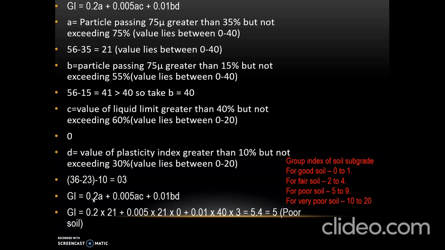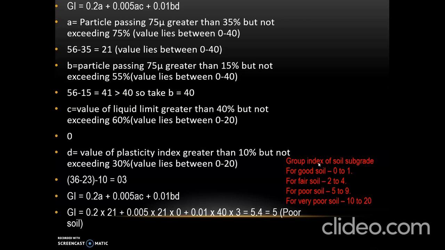So GI will be 0.2 into 21 plus 0.005 into A, which is 21, into C, which is 0, plus 0.01 into B, which is 40, so 40 into D. D is 3. So into 3 will give us value of GI as 5.4. Since it is less than 0.5, we can round it off to 5.